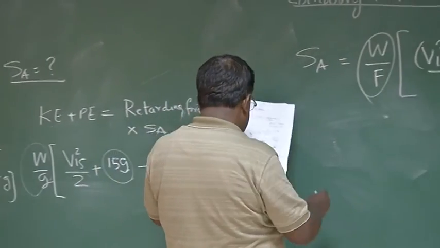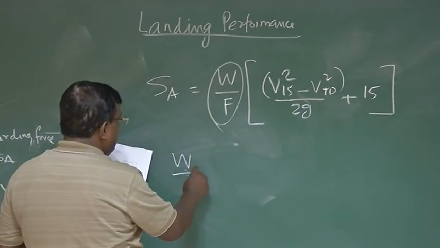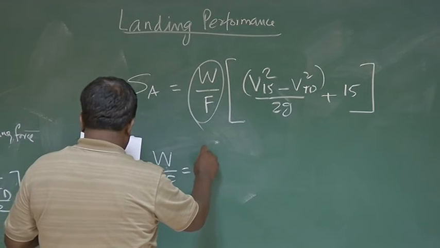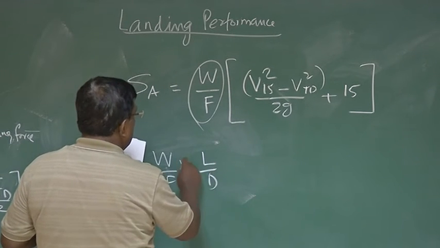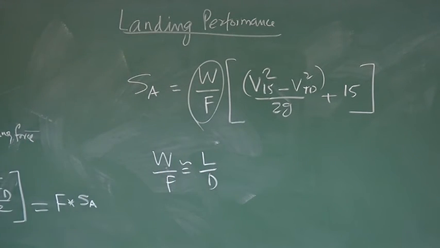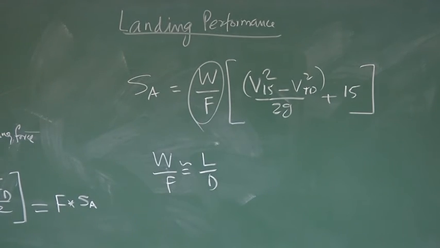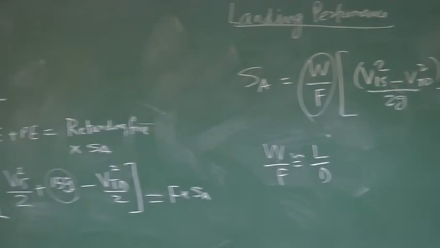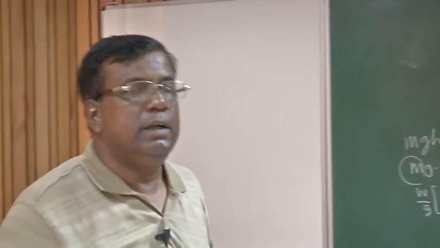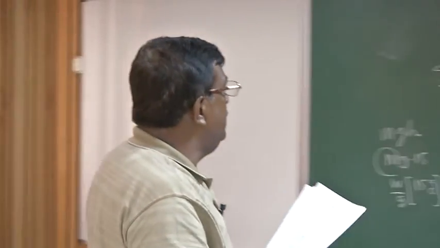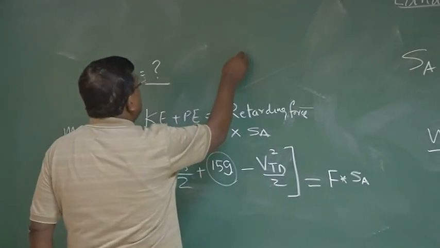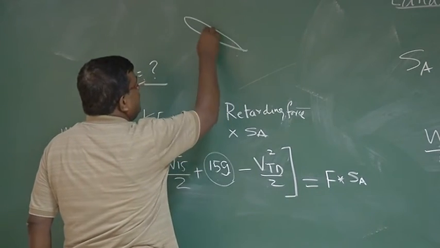What is being approximated is the retarding force is primarily the drag, and for all practical purposes, lift is equal to weight. You also understand that lift is not equal to the weight during the gliding. If this is the gliding, they are coming down.